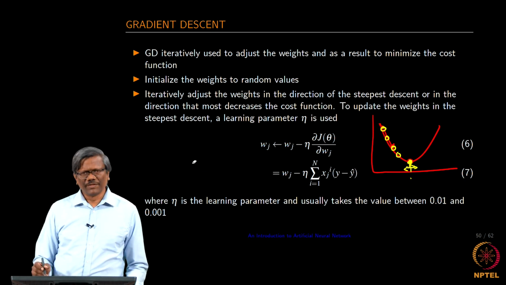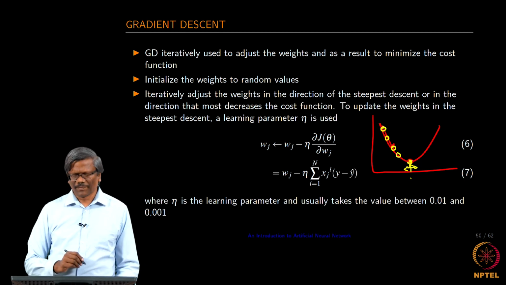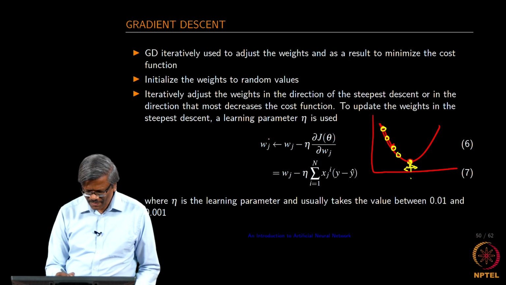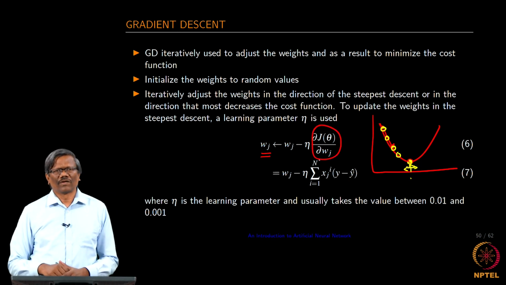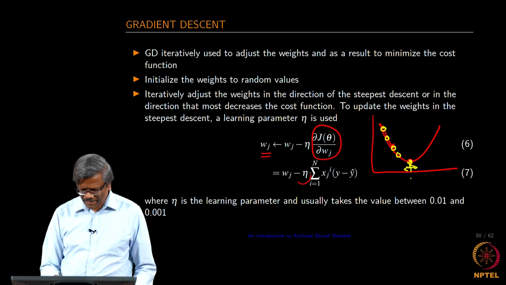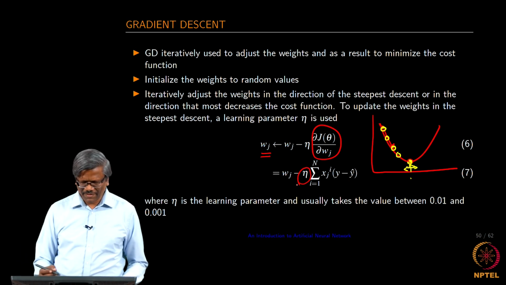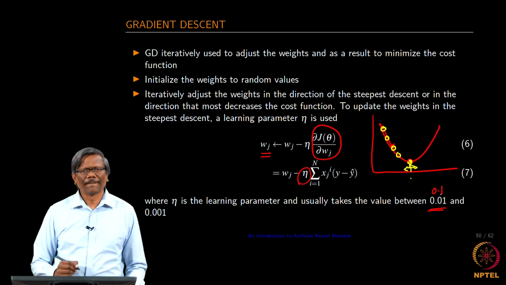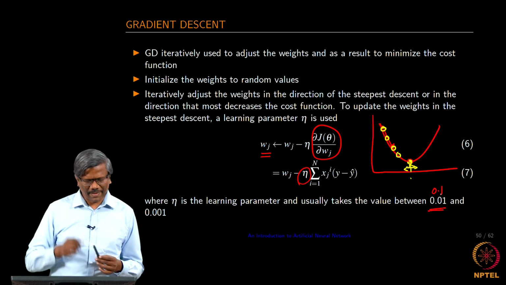Gradient descent is usually used to get to the minimum value here. Okay. So, how do we get to that value? Using the iterative process, where we keep changing the value of the weight based on the cost function. Okay. And then we have seen that eta is also your learning parameter, which is adjusted to 0.1, 0.01 or 0.001, depending on your application.